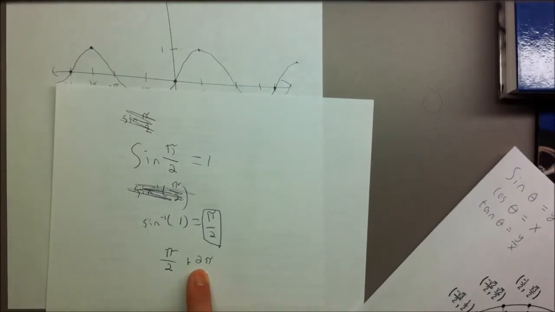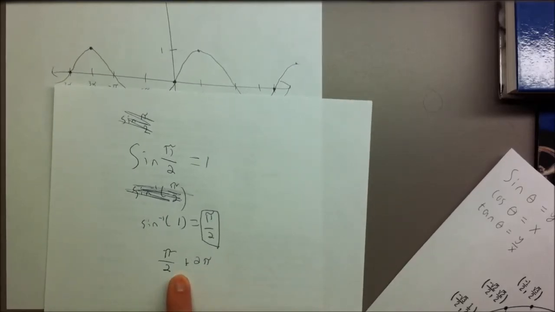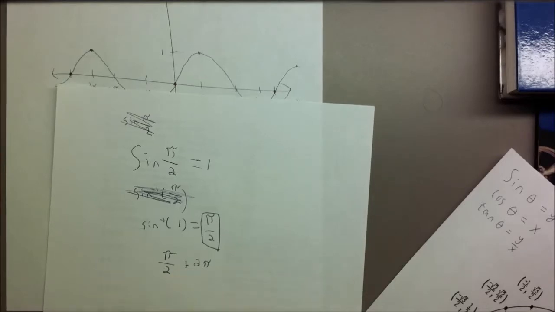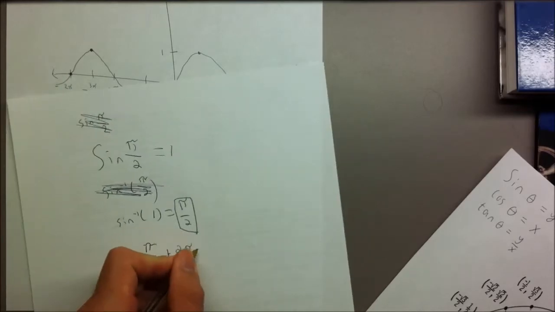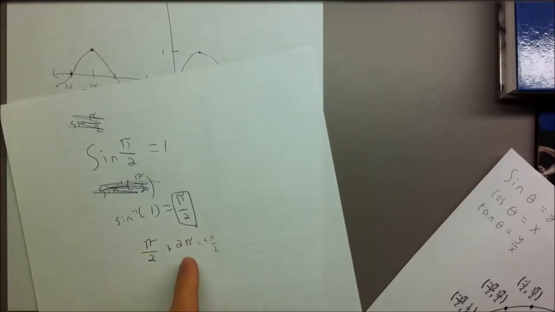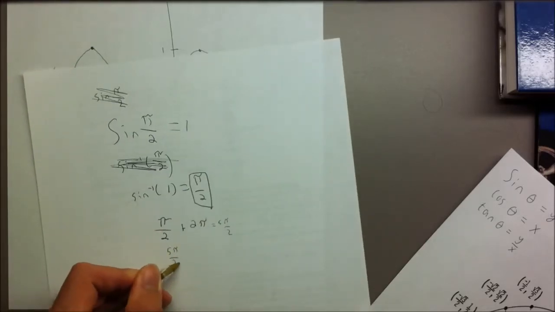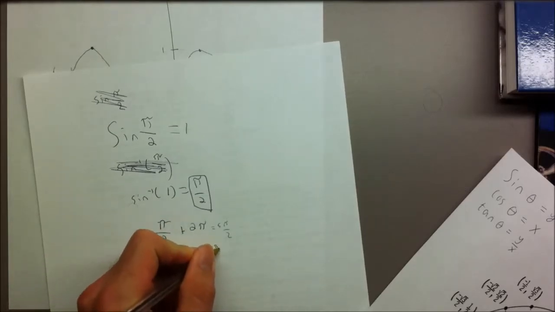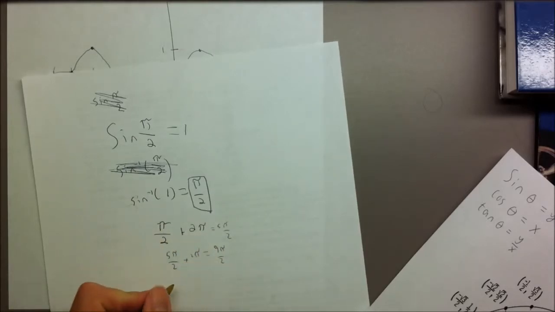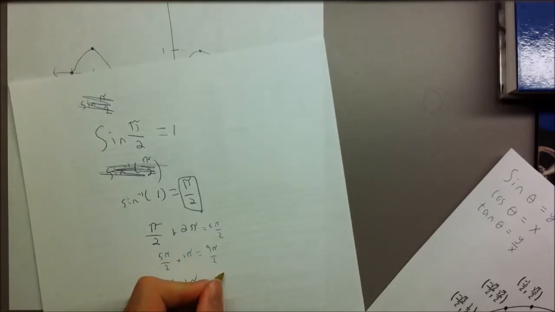So we can add 2 pi, and this is another location where sine is equal to 1. What does this actually come out to? This would be 5 pi over 2. Or maybe I could say 5 pi over 2 plus 2 pi. What would that be? 9 pi over 2. Or you could subtract 2 pi, let's say pi over 2 minus 2 pi, negative 3 pi over 2.